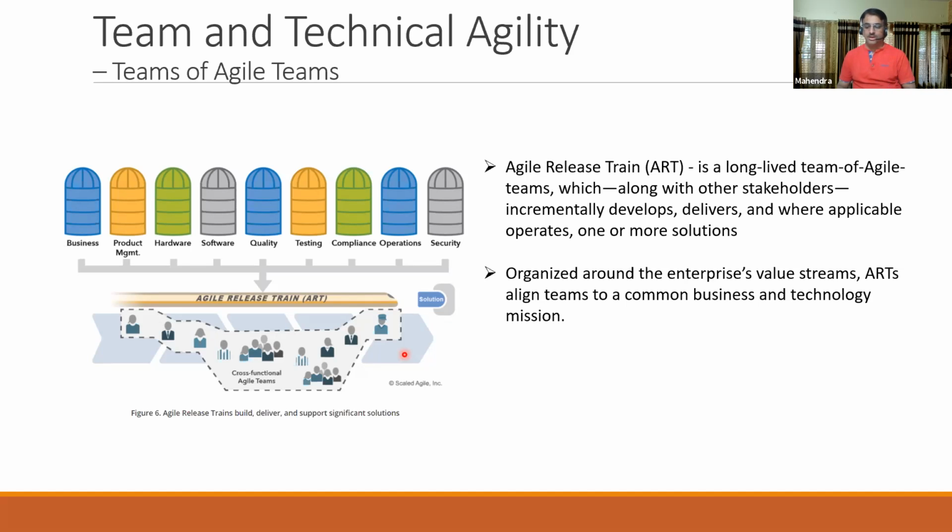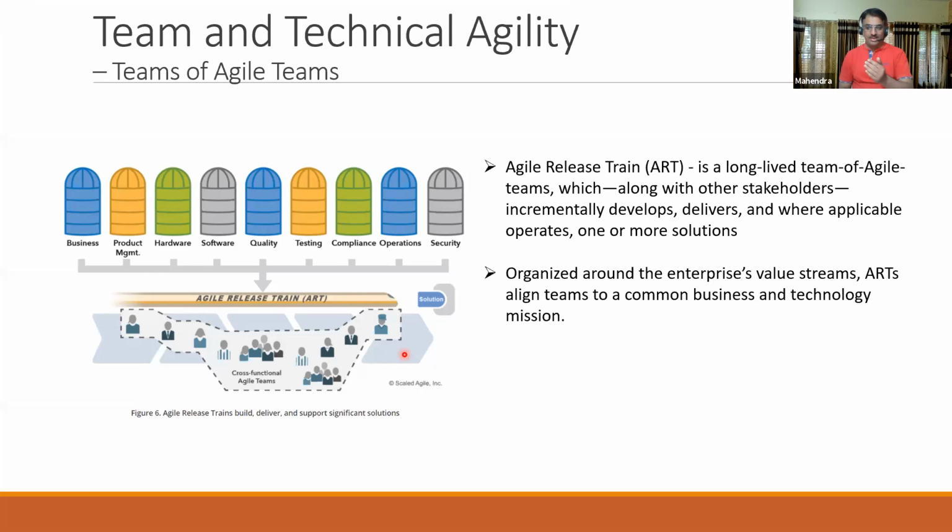This is fundamental. Agile release trains are catering to a particular value stream, and all the teams belong to that particular agile release train. They could be reporting into their functional managers, and they could be part of their functional organization in the enterprise.